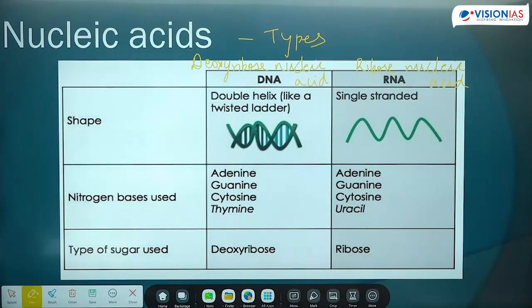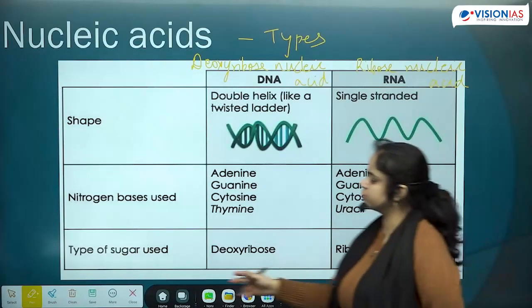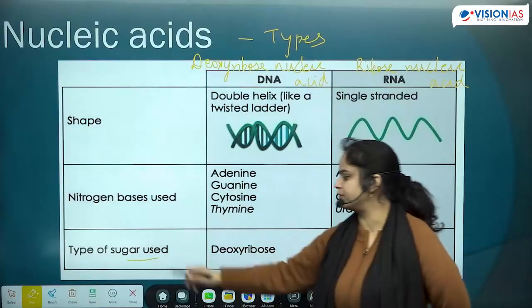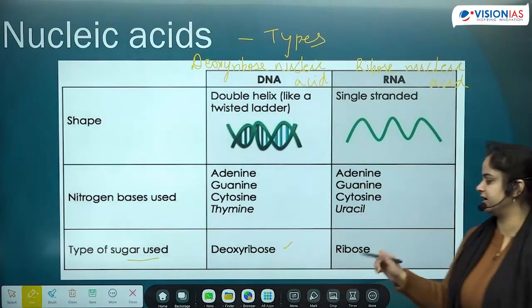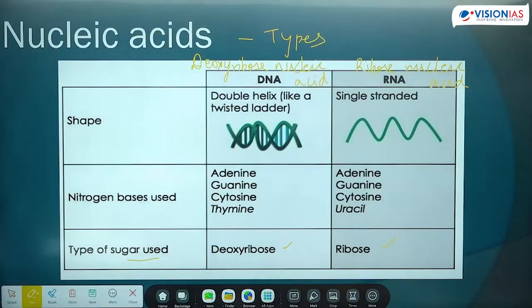If we look at their features, what we find is the first point of difference will be in the type of sugar. You have deoxyribose in DNA and ribose sugar in RNA. They are both pentose sugars, but the sugar which they have, that is different.